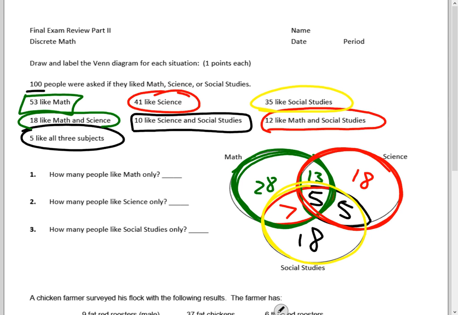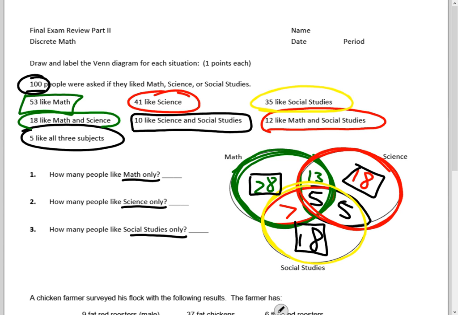If the question asked how many didn't like math, science, or social studies, what would you do? Add them all up and subtract from 100. But that's not being asked for here. We're looking for math only, science only, social studies only. The only sections are those: math 28, science 18, social studies 18.